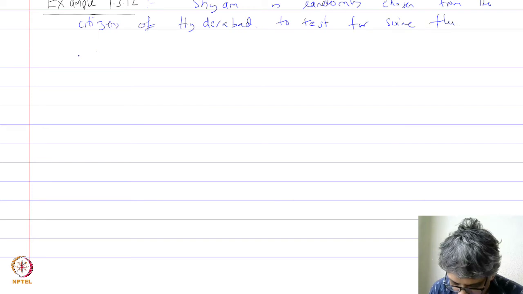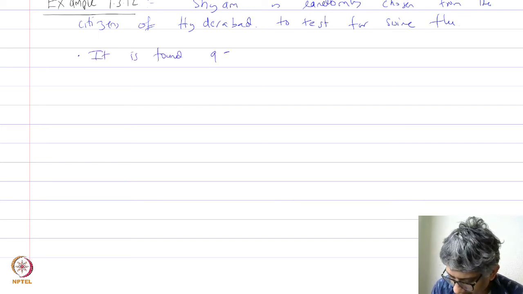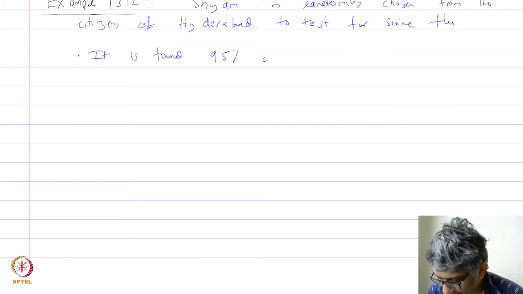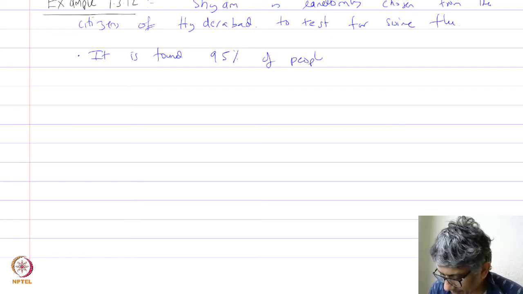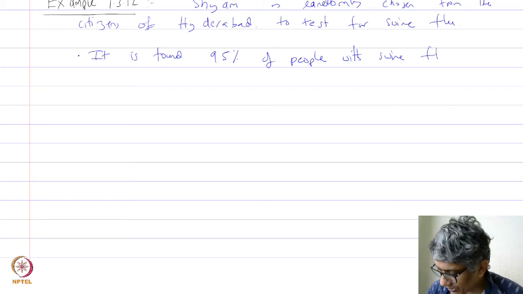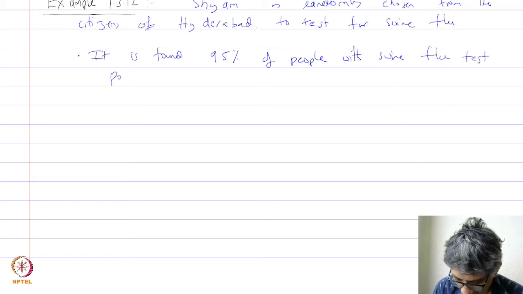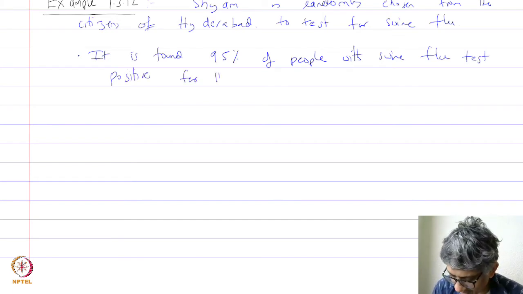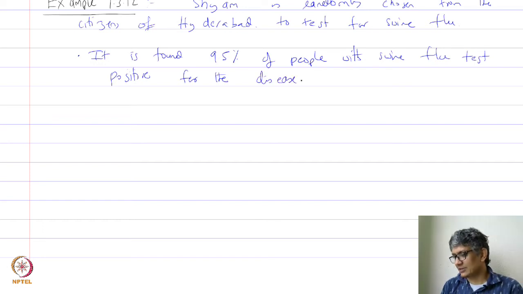So we have three facts. Let's say it is found that 95% of people with swine flu test positive. So you give a test for the disease, and the test has this rate of 95% where it detects correctly.